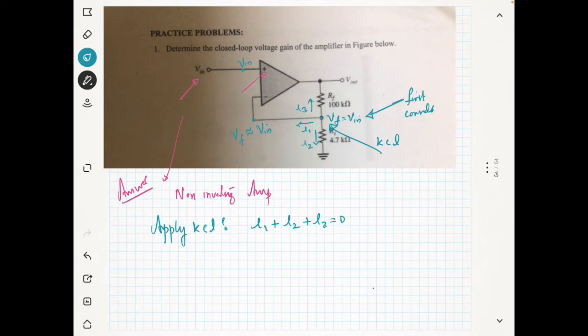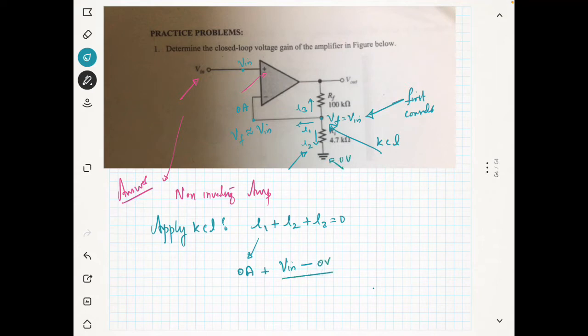I1 is flowing into the op amp, but there is no current into the op amp because of its high input impedance, so you can assume the current is approximately 0. Actually there will be some very small current, but for simplicity in circuit analysis we assume it is approximately 0. So this is 0 ampere plus I2. What is I2? I2 is this current which is going into the ground. So it is nothing but V in minus this voltage. This is ground, so it is 0 volt.